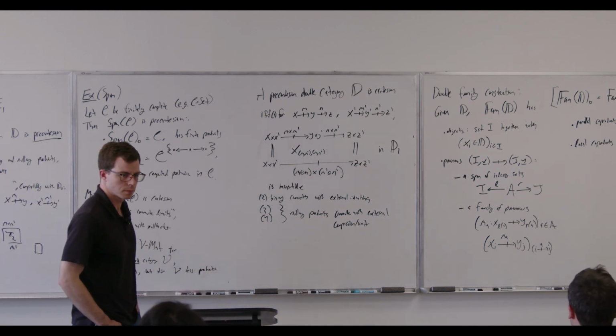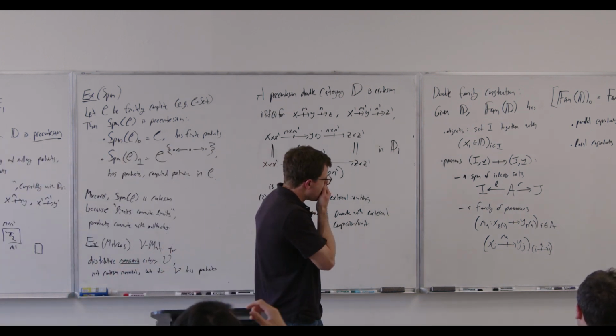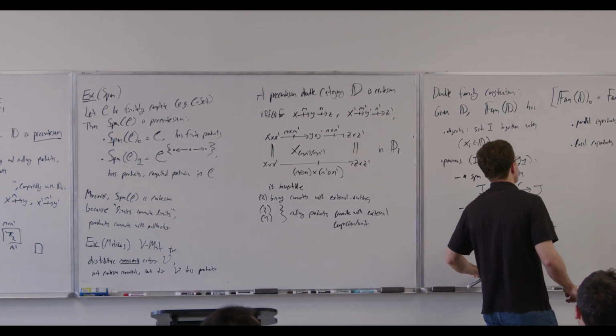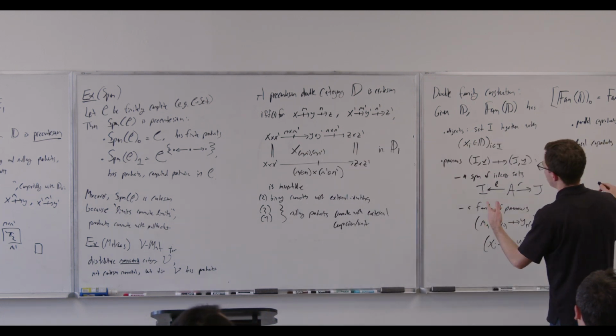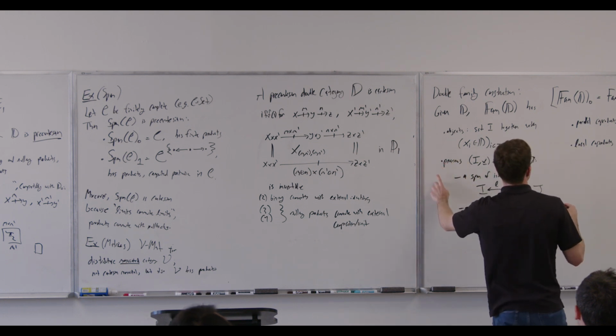Can I ask, how did coproducts show up? Oh, sorry. Yeah. At this level of discussion, it's not even clear because I didn't define the arrows or the cells.